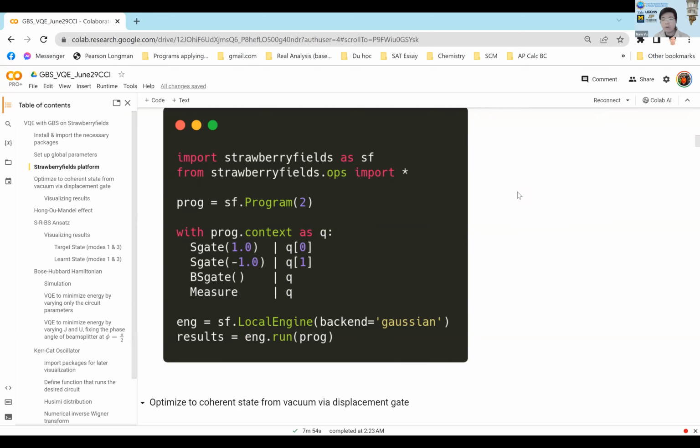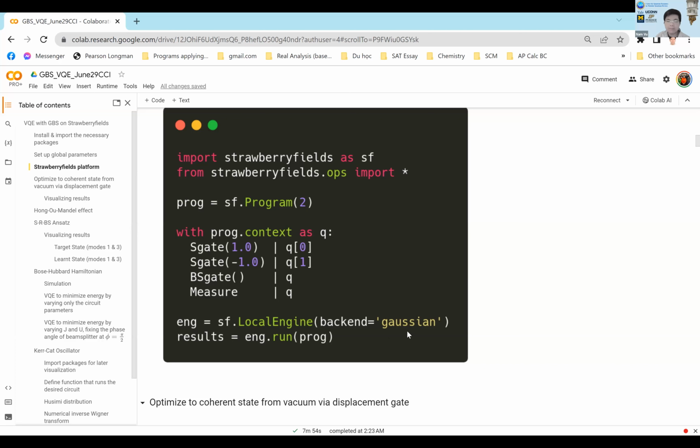So there are 4 main steps so that we can run a desired quantum circuit that we build. The first thing is to declare the program with the required number of modes. So here you can see that we're requesting 2 modes for the program that we're running. The second thing is that we need to specify the engine backend.